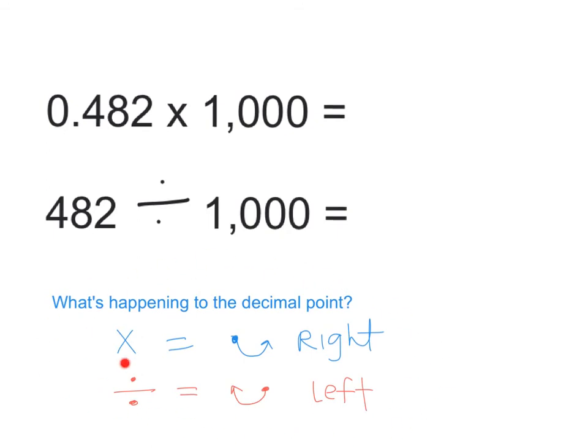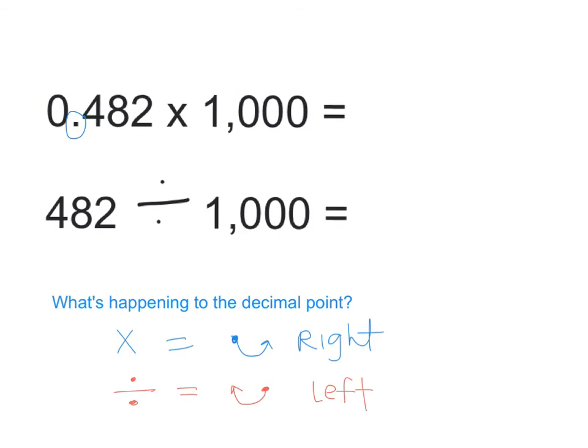We know that when we're multiplying, we move the decimal point to the right, and when we're dividing, to the left. So let's look at this problem. I have 482 thousandths, and I'm multiplying it by 1,000. Do I move the decimal point to the right or to the left?